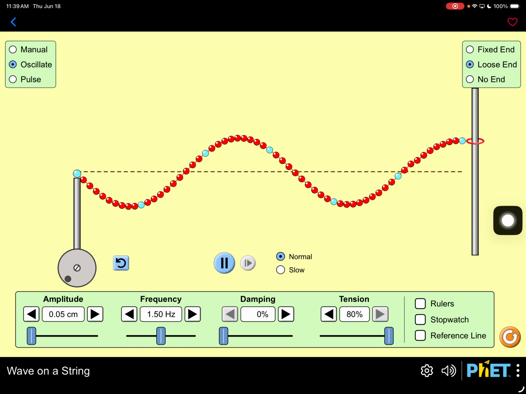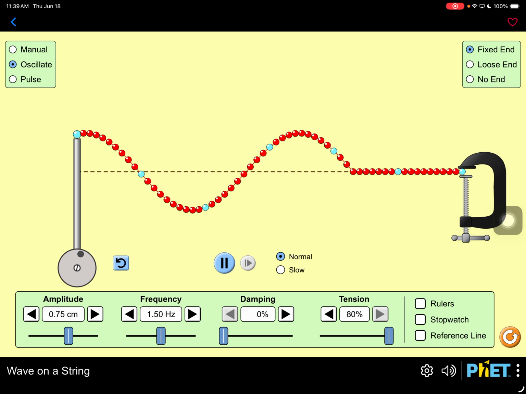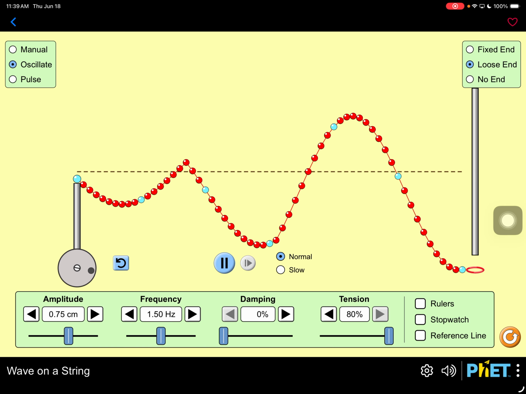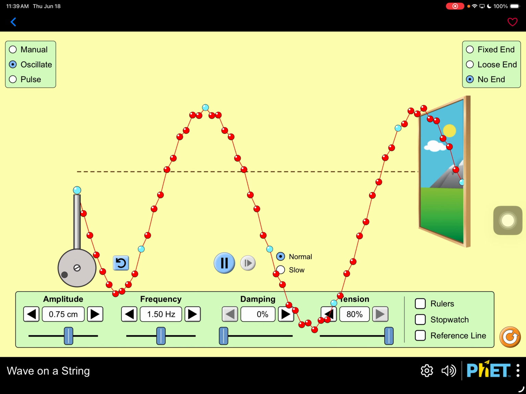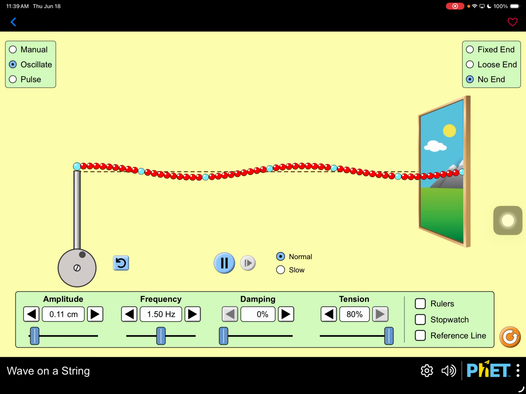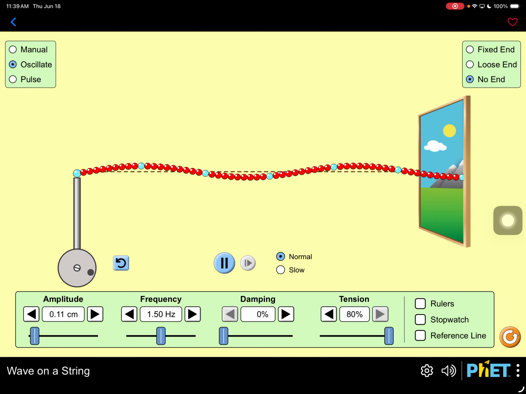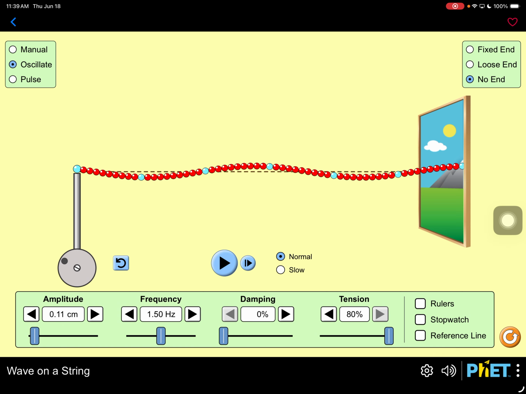As soon as I stop pumping energy into the medium, the wave stops.